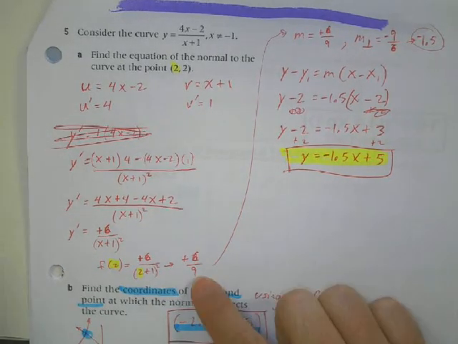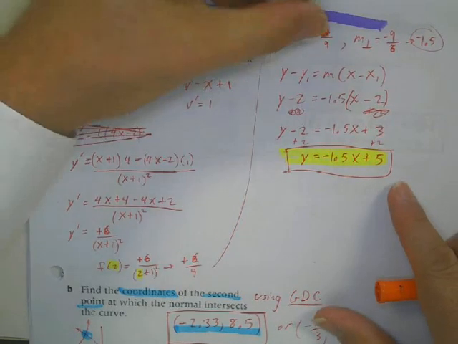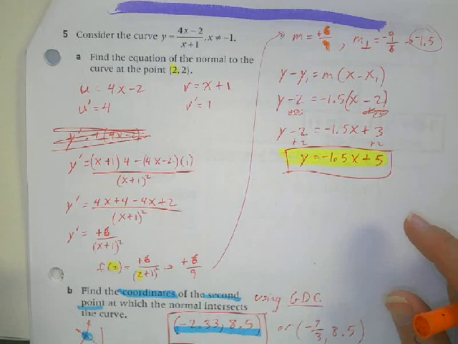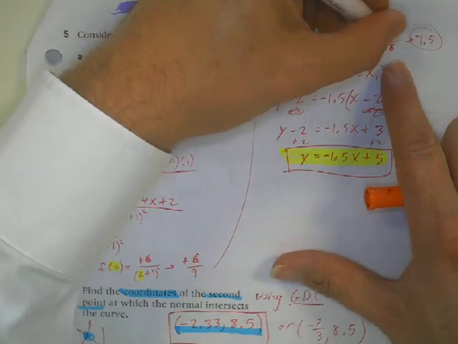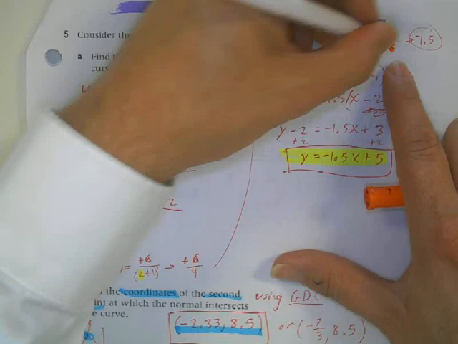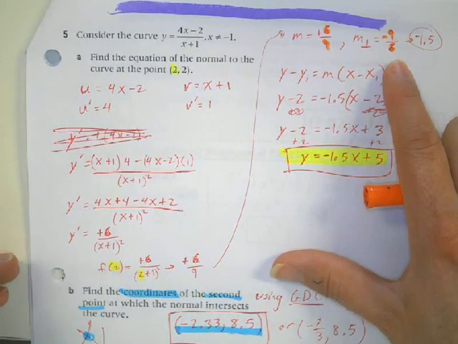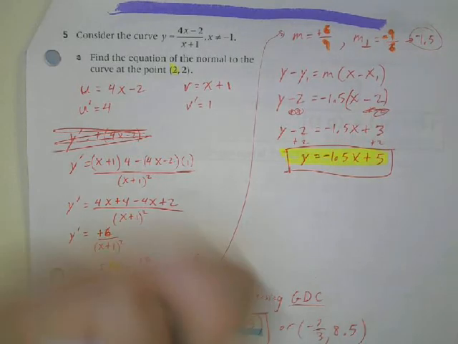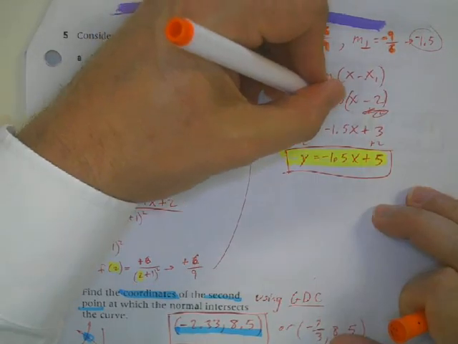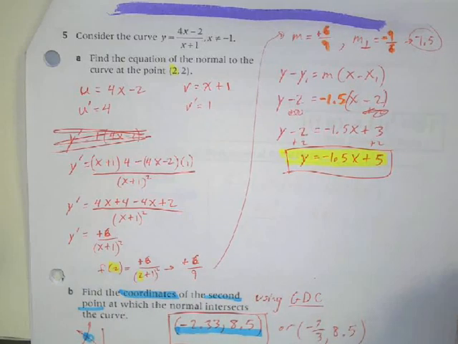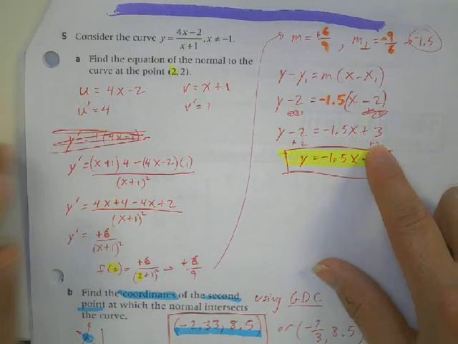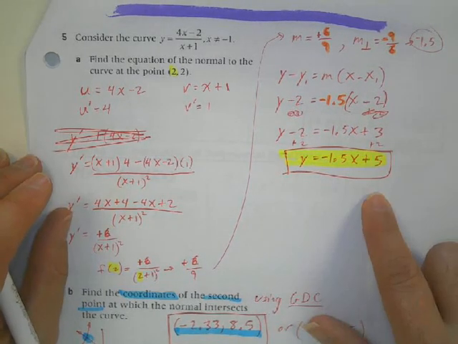So this tells me that my slope is 6 over 9, or 2/3, right? So the perpendicular slope is going to be 9 over 6, and opposite sign, which simplifies to negative 1.5. So now I'm going to use negative 1.5 for my slope because we're trying to figure out a normal equation. And I do the distributive property with the negative 1.5, and then I add 2 on both sides to get my equation. That's my equation of the normal.